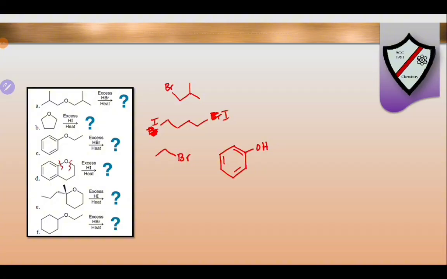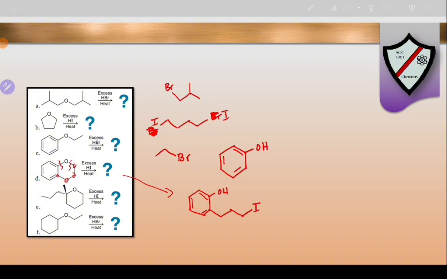It remains connected to our parent molecule, so the products for that reaction are going to be a phenol group in this position, and then here we're going to have that cleaved from the ring now, and there are 1, 2, 3 carbons in that chain, and we're going to replace the oxygen with the iodine from the HI.